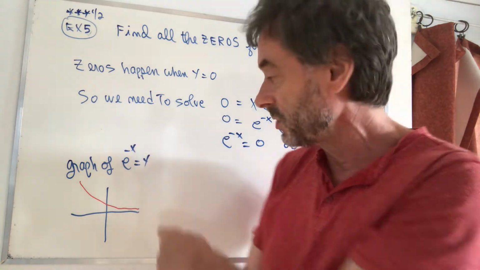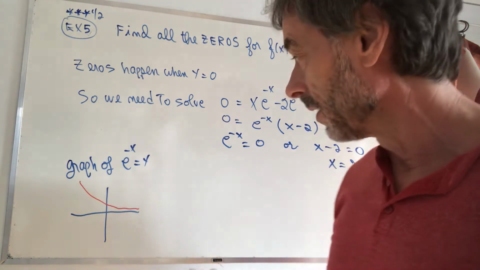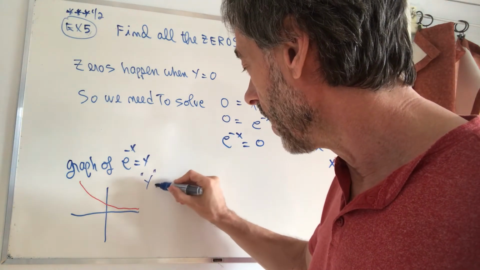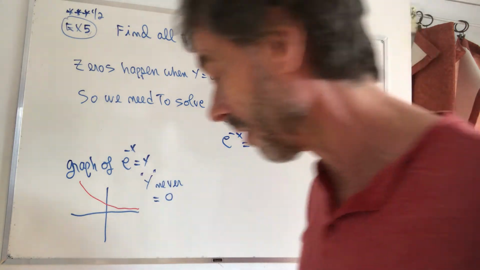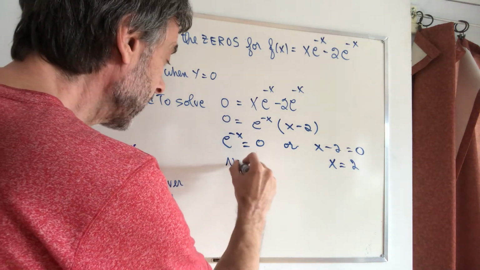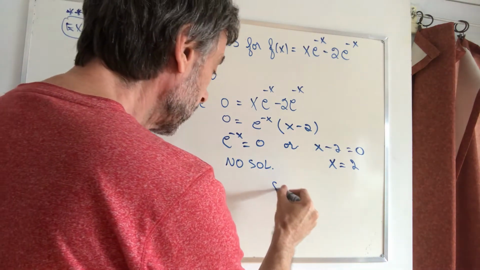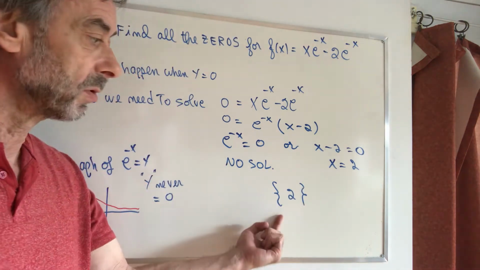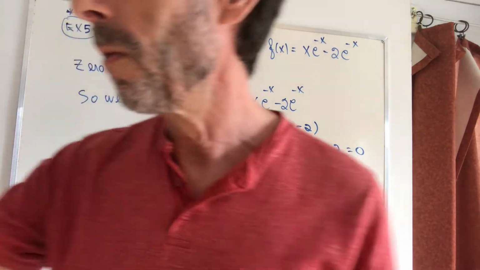That's where the y value is 0. Does it ever touch the x-axis? Is this ever equal to 0? No. So y is never equal to 0. So e to the minus x is never equal to 0. This again has no solution, leaving me as the only solution to this problem the value x equal to 2. And that's the only answer to this question.